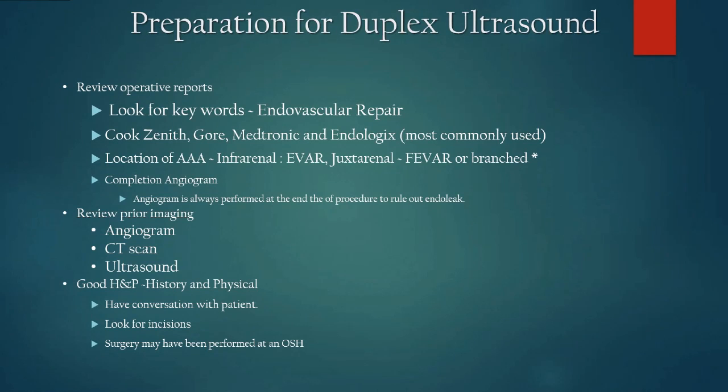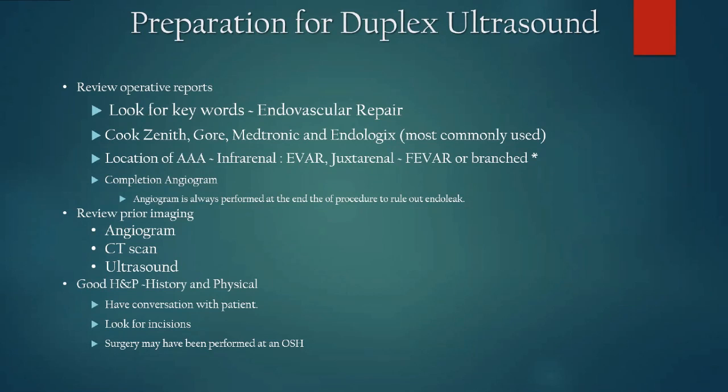Another important part of performing this study is to get a good H&P. You need to have a conversation with your patient. We get a lot of patients from outside facilities, either for revisions or complications or just new to the area, what have you. And we don't have any information on them or prior studies.